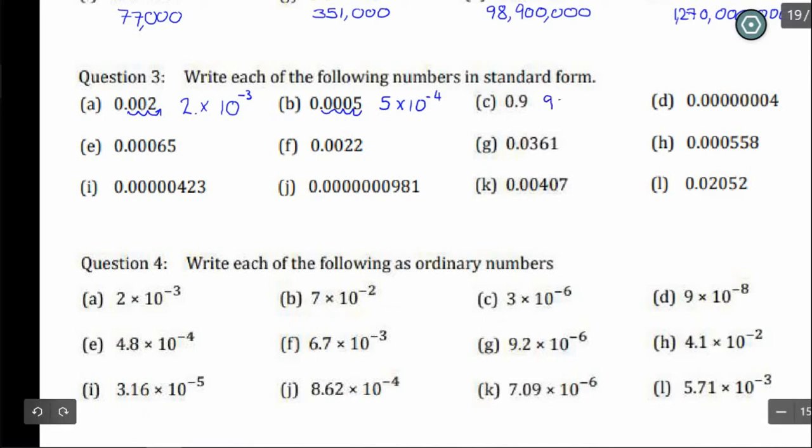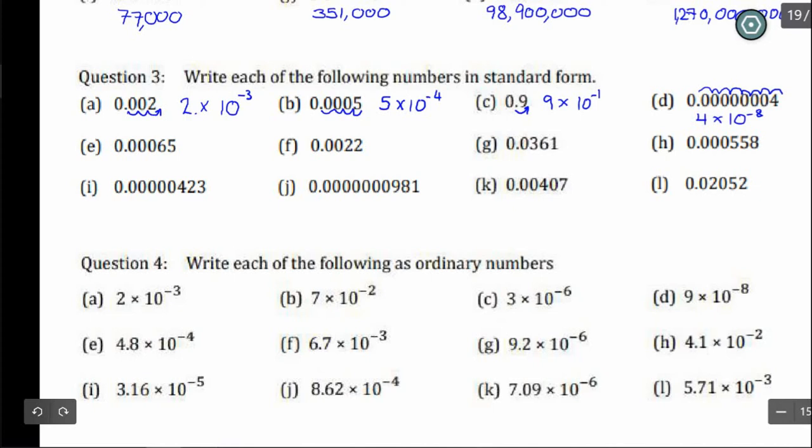This one would be 9 times 10 to the power of negative 1, because the decimal point has had to move once downwards. 4 times 10 to the power of 1, 2, 3, 4, 5, 6, 7, 8, so negative 8, and so on. I'll do the rest and you can mark yourself.